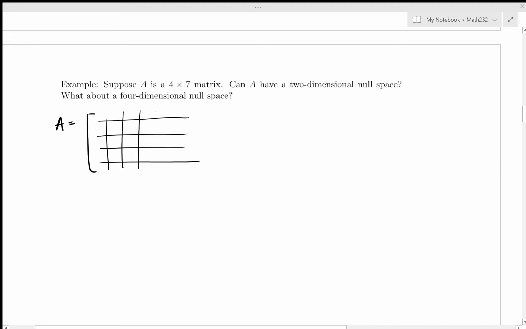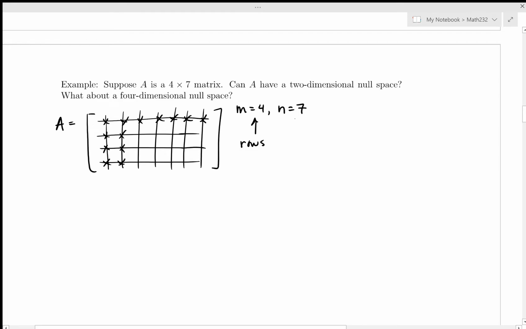We've basically got numbers sitting at all these locations, and the numbers are those x's, whatever they are. So we have m is 4 and n is 7. This is the rows and this is the columns.